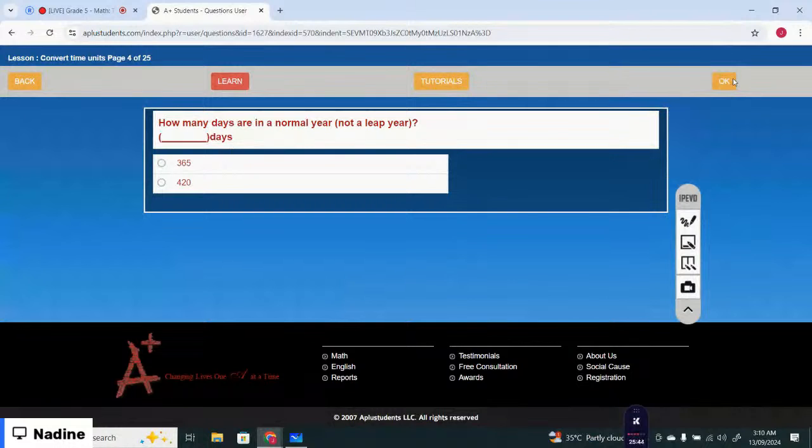If the year is not a leap year, then you have 365. Option number 1 is the correct option. In a leap year, I think March has one more day, right? The correct option is 365 days.